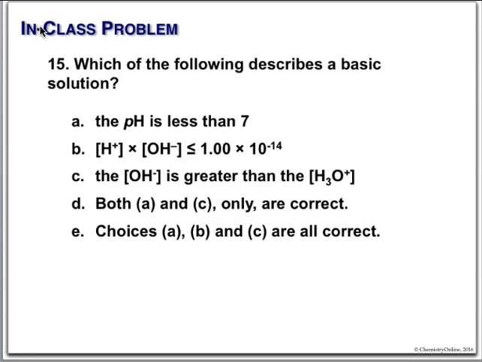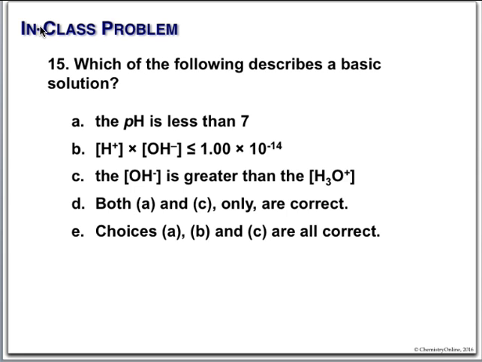All right, what describes a basic solution? Basic solution, okay? pH is less than 7. Wait a minute, what did we say about pH? It's less than 7 is what? It's acidic.